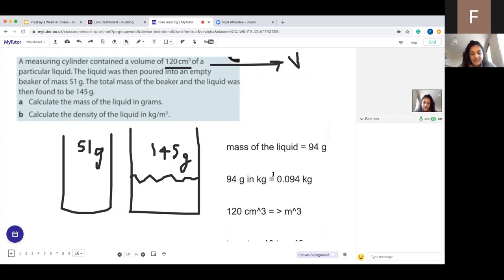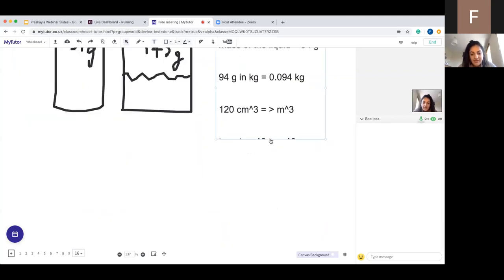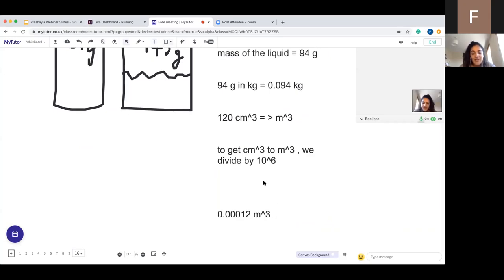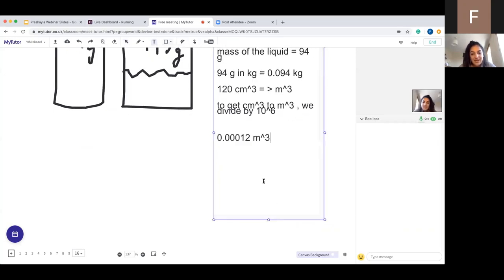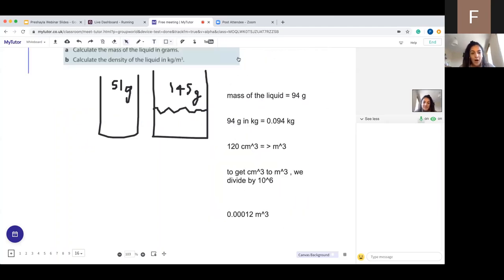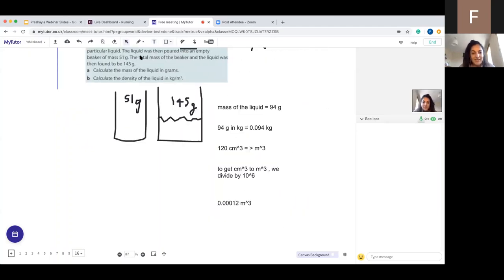So when we divide our 120 centimeters cubed by 10 to the power of 6, we get 0.00012 meters cubed. Okay, so now we have our volume in meters cubed and we have our mass in kilograms. So we have the correct units for our question, which means we can now move on to finding the density.